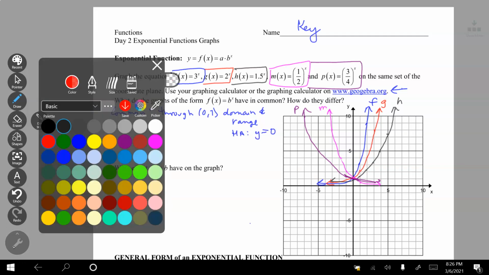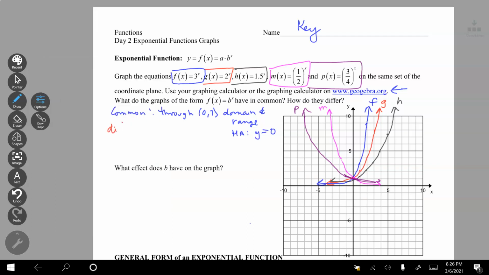Where they differ, definitely some are growing. That's when the b values are bigger than 1. Some decay. That's when the b value is smaller than 1. And the steepness of the curve is where they definitely differ.